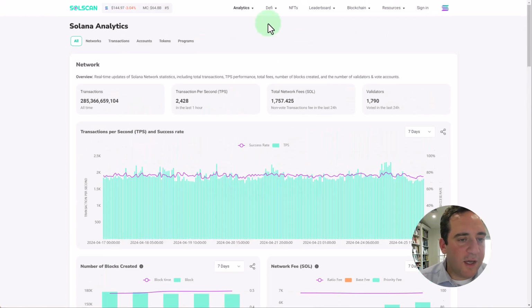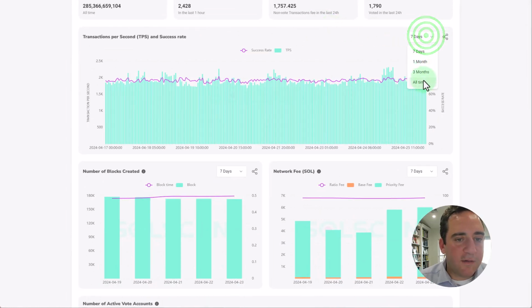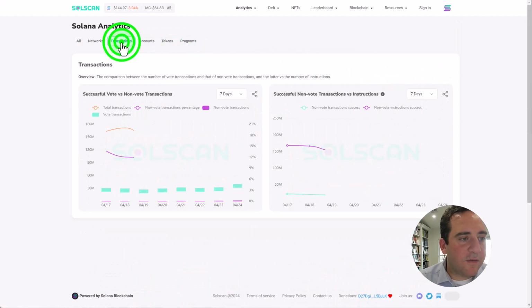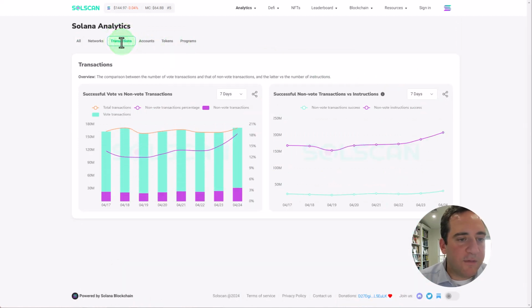Let's look at the last all time. And this gives you the total number of transactions per second. And then you can track the total number of voting and non-voting, and all of that is related to governance control, staking, and the security of the actual blockchain.